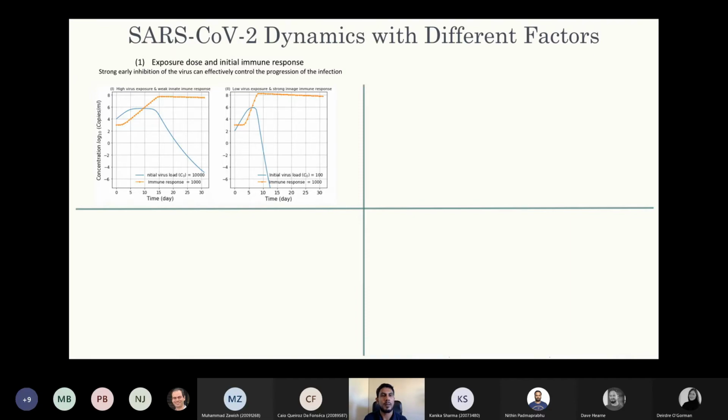So this is the case where some people get in contact with the virus, but they don't even know. Sometimes they may not even get any symptoms. So you can see that the initial immune response can effectively control the progression of the virus.